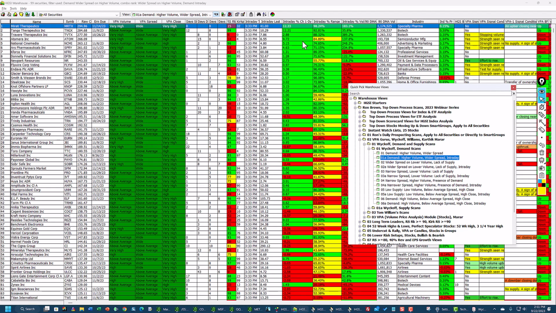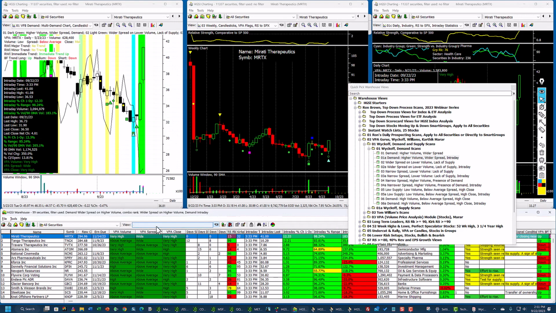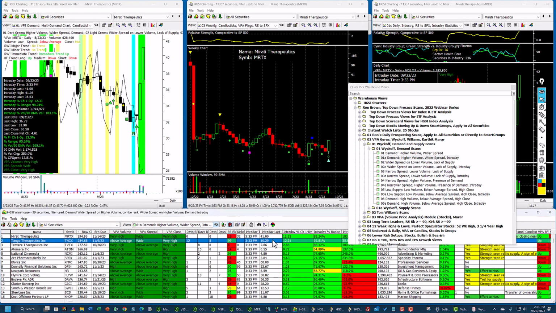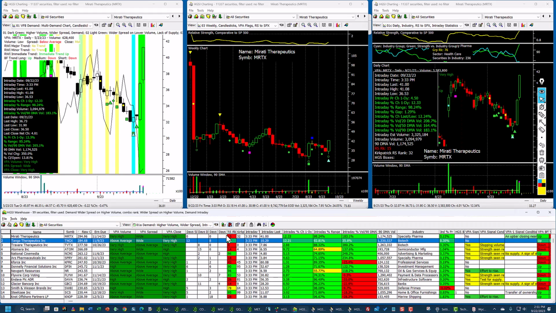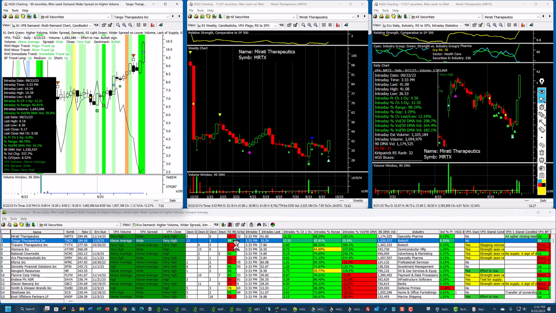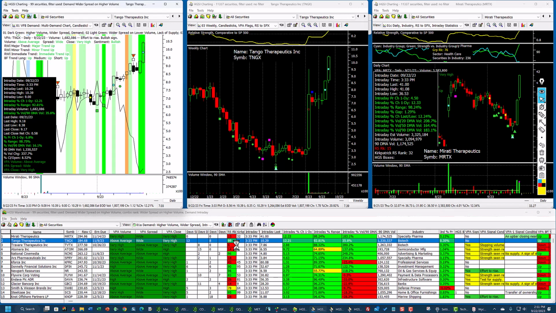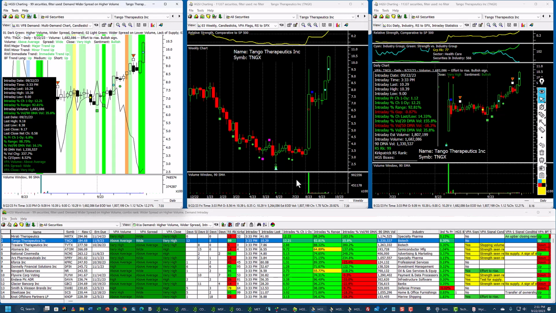So let's take this down. What's this stock? It's a $10.29 stock. I'm going to close this for a second. When you have three charts up, it takes a little while to respond, especially when you're recording. But let's look at this stock here. Now you can see that there have been several accumulation days on this stock.